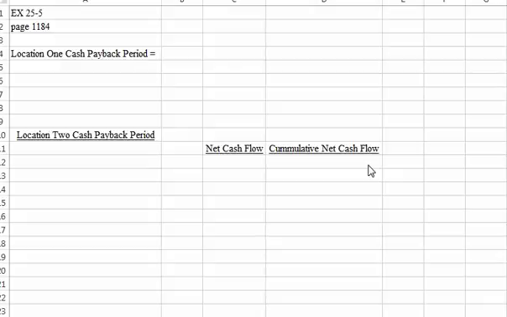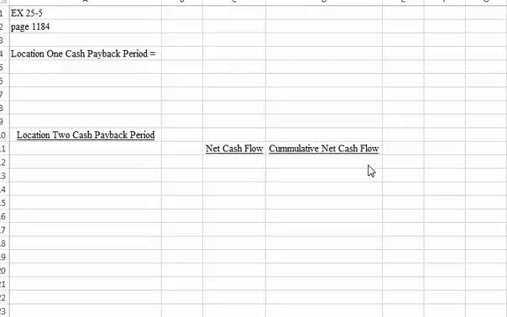Fidelity Bancorp Incorporated is evaluating 2 capital investment proposals for a drive-up ATM kiosk. Each requires an investment of $280,000. So there's your cost. That's what we're looking to get back. And each has an 8-year life and expected total net cash flows of $448,000.